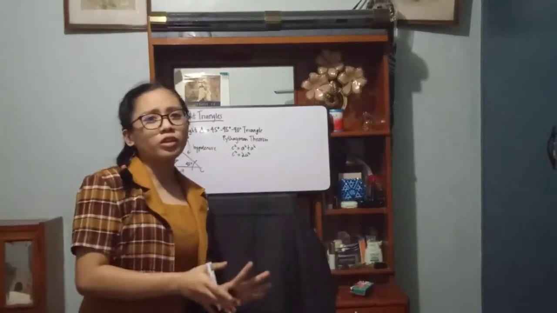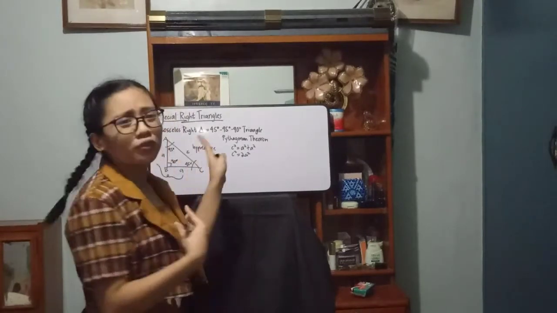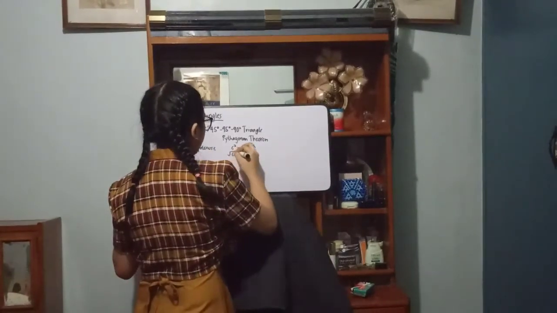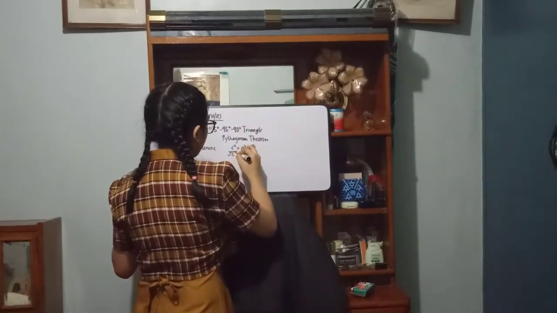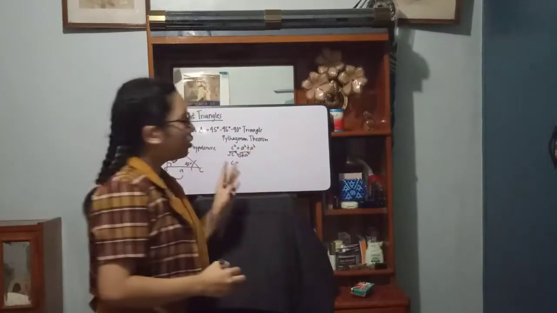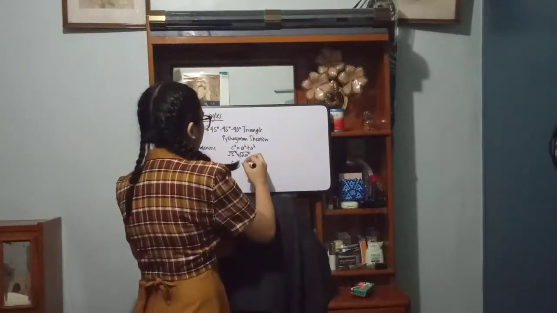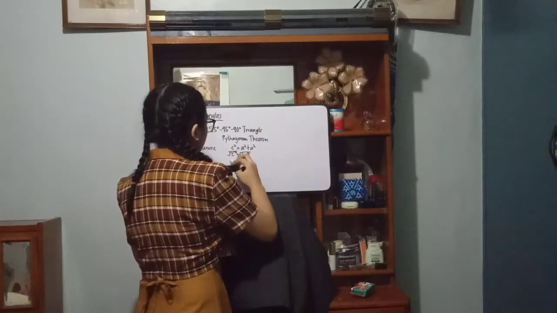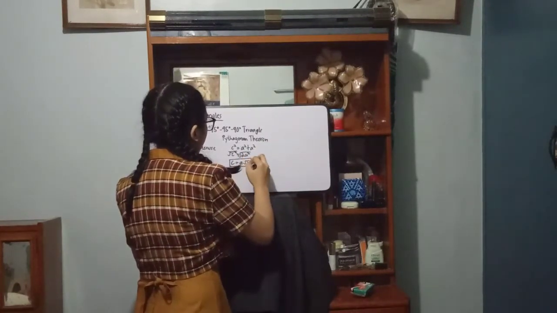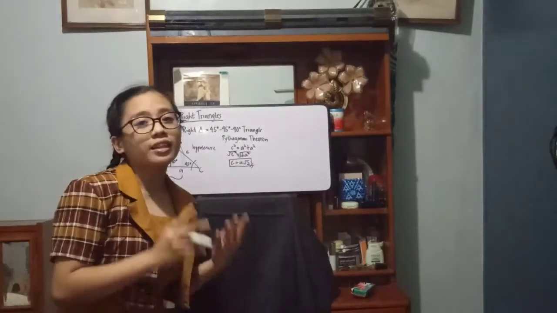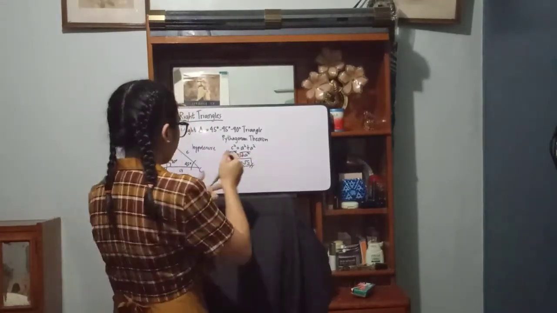We will get the square root of both sides. So c is equal to a times the square root of 2. So the formula for the hypotenuse is a times square root of 2.